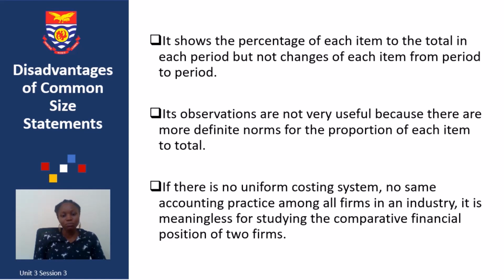So you'd want to make sure that the companies you are comparing are from the same industry, and that they are applying the same accounting practices and costing systems, in order for you to make meaningful decisions.